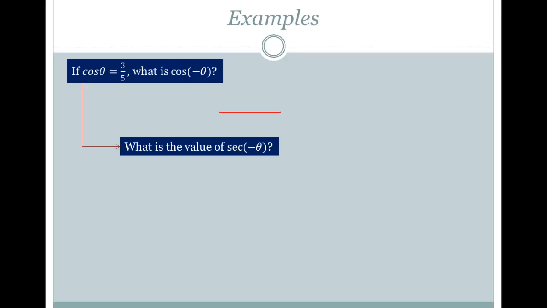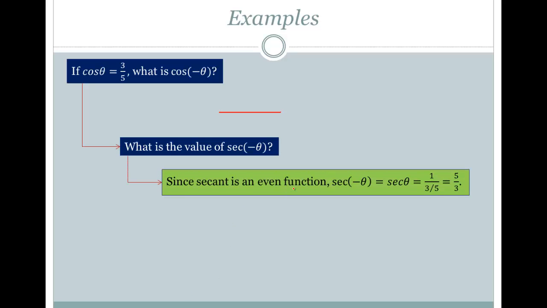Well, secant's an even function as well. So secant of negative theta is equal to secant of theta. And remember, secant of theta is 1 over cosine. So it's 1 over 3/5, or 5/3.